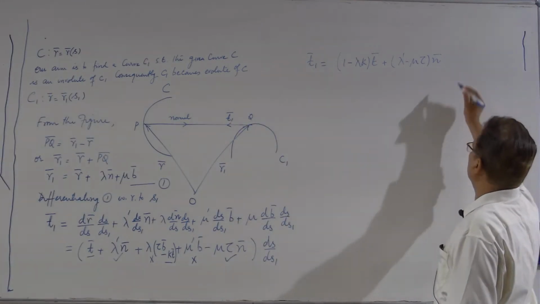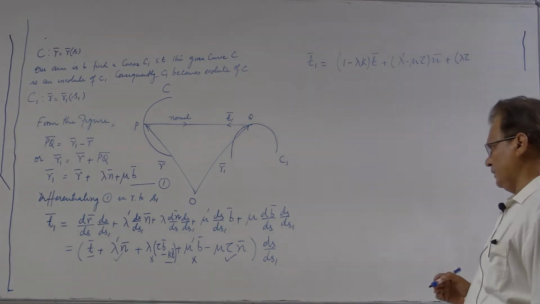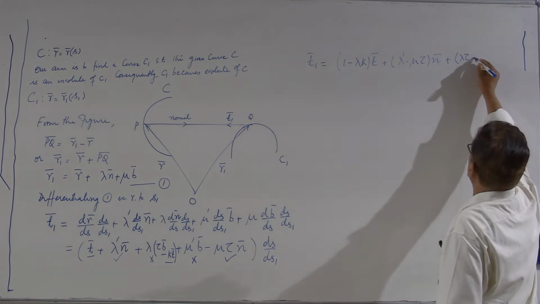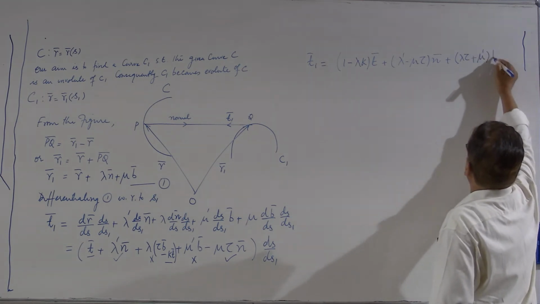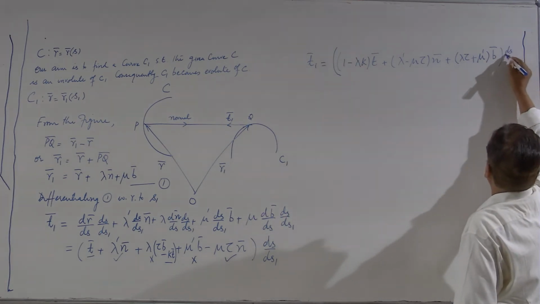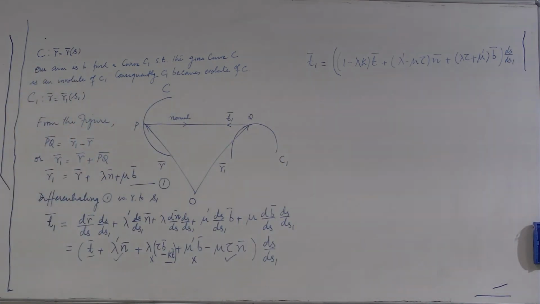So, lambda tau plus mu dash into b and then ds over ds1. Okay. I think we have written it correctly. T1 equals 1 minus lambda k into t, plus lambda dash minus mu tau into n, plus lambda tau plus mu dash into b. So, this is number 2.